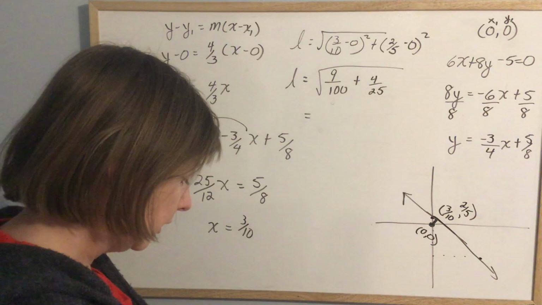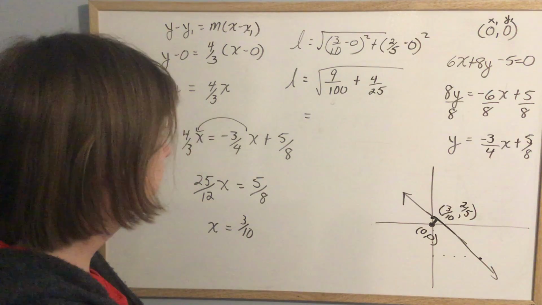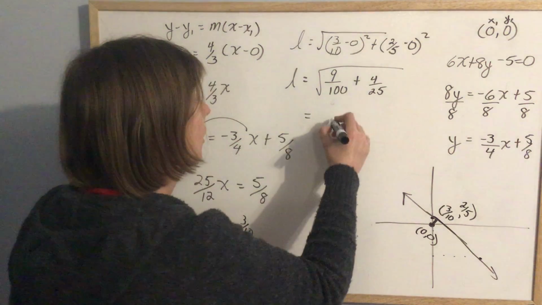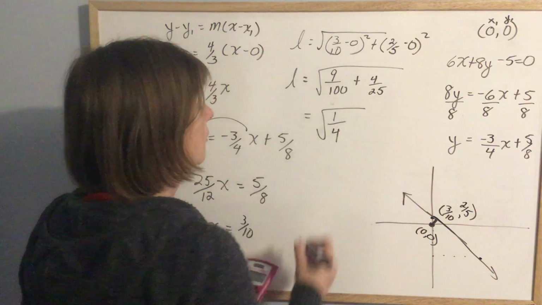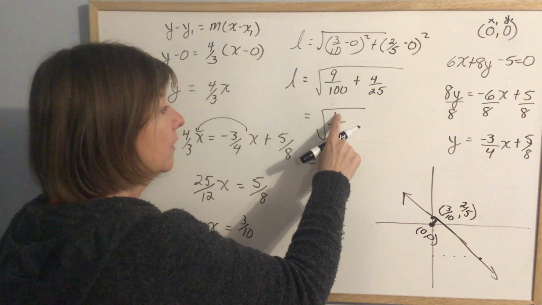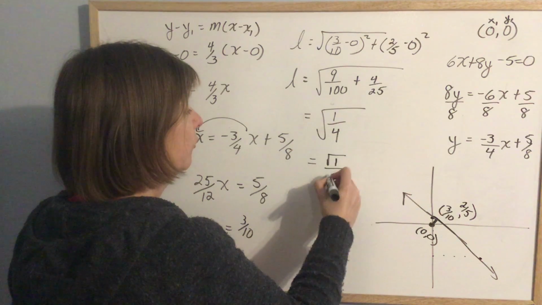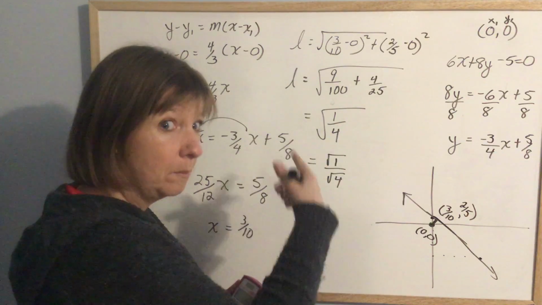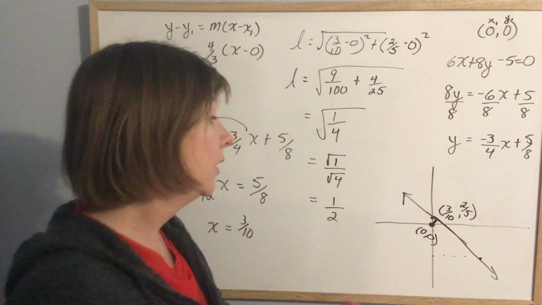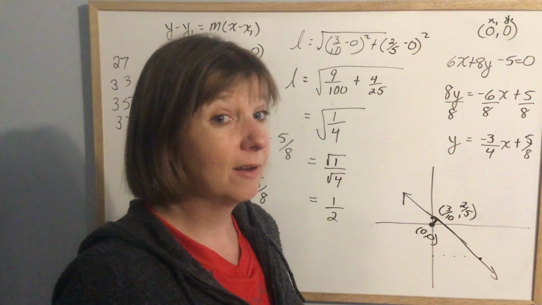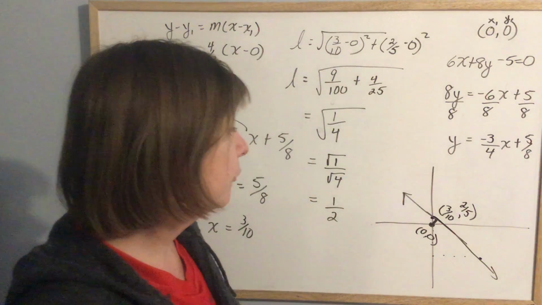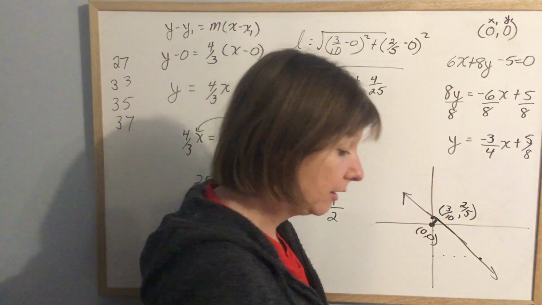So 9 over 100 plus 4 over 25 gives me 1 over 4. So I have the square root of 1 over 4. That works out nicely because it's the same as the square root of 1 over the square root of 4. The square root of 1 is 1, the square root of 4 is 2. So it's half a unit long. Again, that makes sense. I said it was going to be small, and half a square is little, so that makes sense.